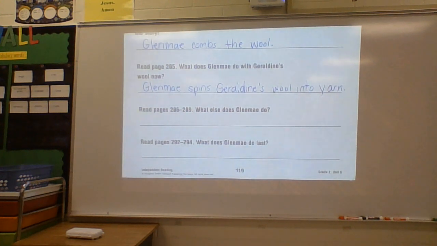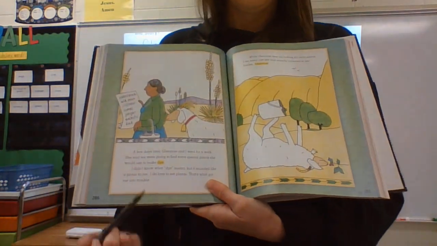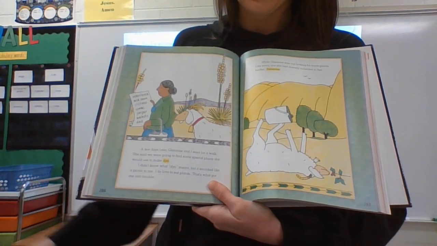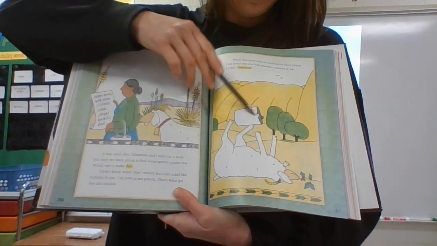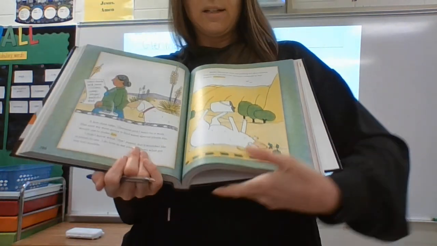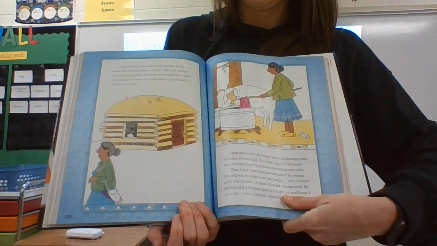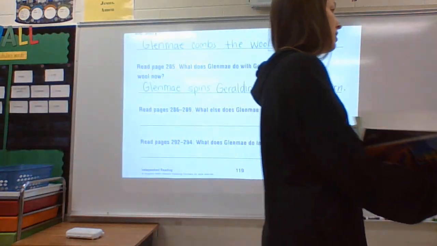Read pages 286 to 289. What else does Glen May do? Well, in this section of the book, she goes and looks for all of these plants so she can make the dye to dye the wool. But do you remember what Geraldine does? She eats all the plants. So she ends up going to the town to get her dye. And she actually says that it's not as good as the dye that she makes.